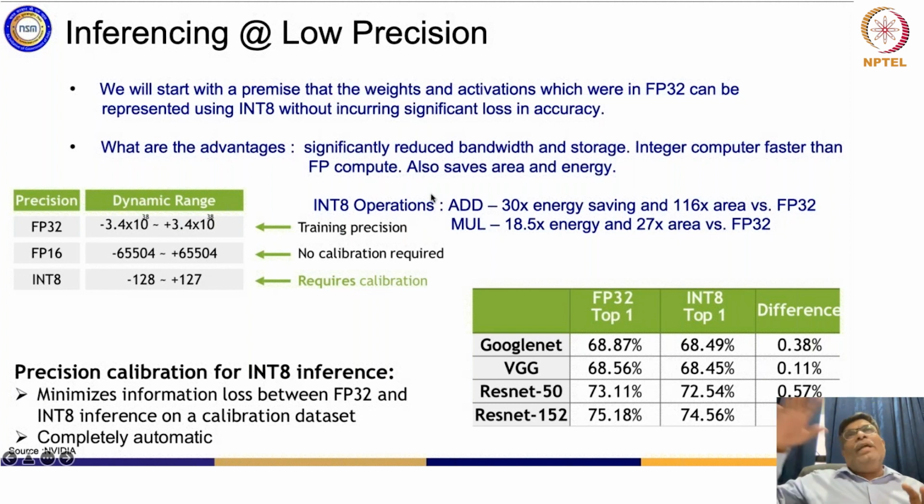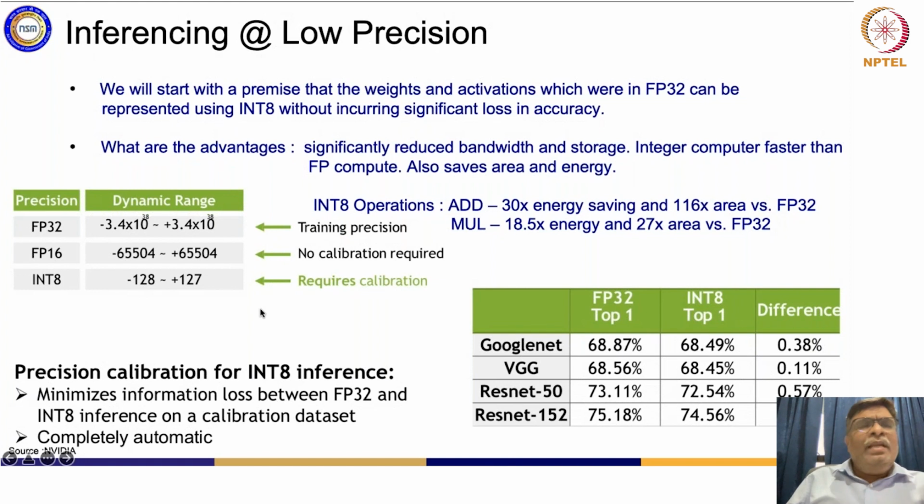There are so many other things wherein people talk of mixed precision, where the software can automatically take in the required precision values, but we're not going into that. What I'm trying to tell you is, if we do int 8 operations at low precision, we can get good inferencing as compared to just using FP32, right?